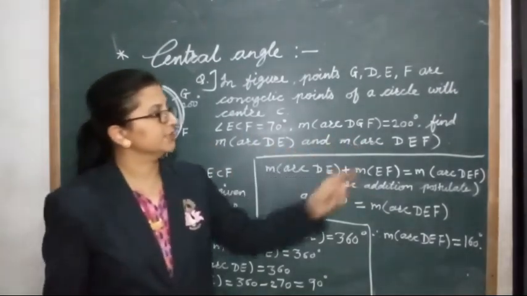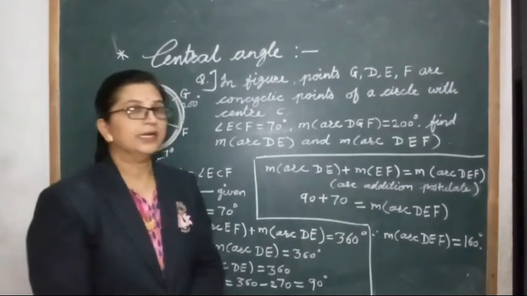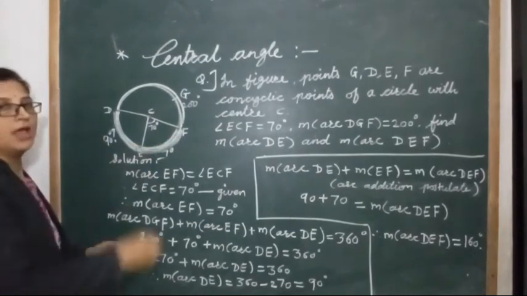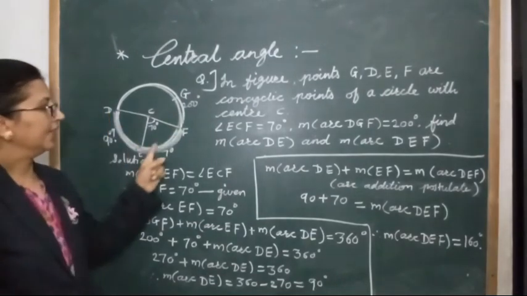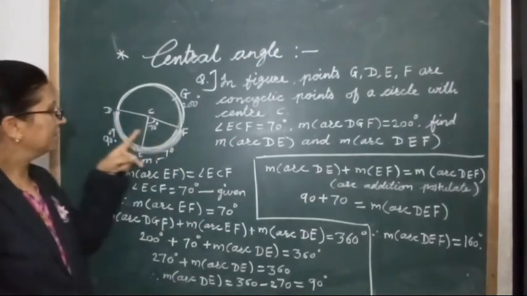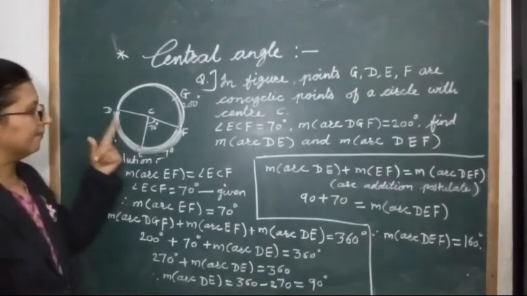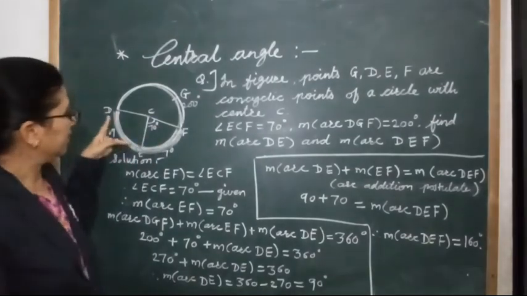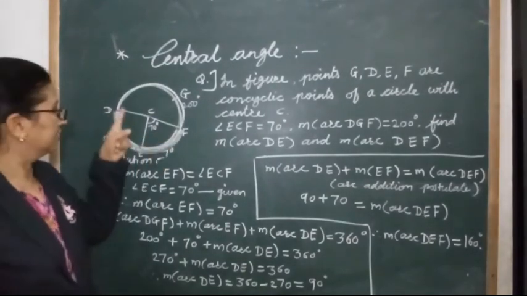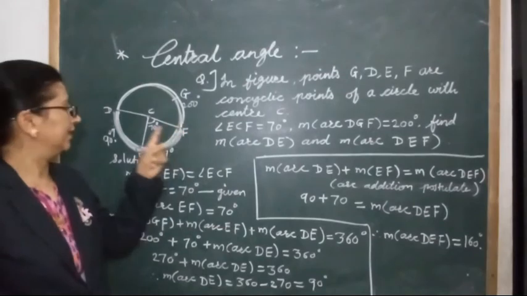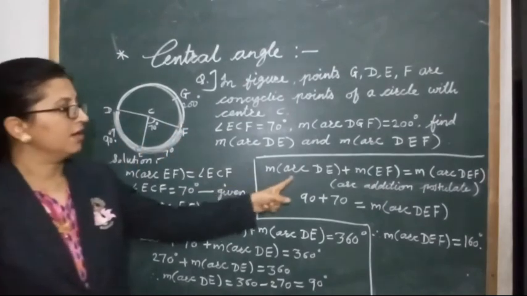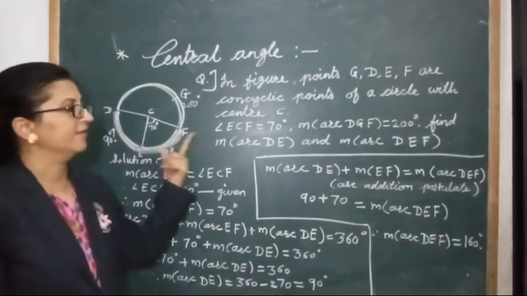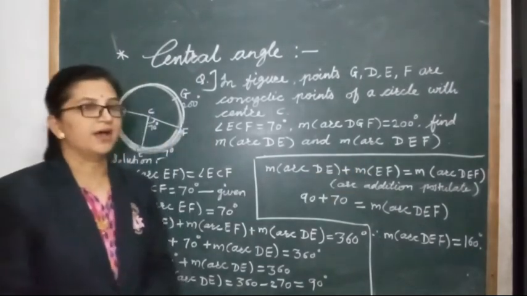Now our second question is the measure of arc DEF. DEF means this. Now here arc DEF is nothing but the measure of arc DE plus the measure of arc EF. The sum of these two arcs will give us the whole arc, that is DEF. So here the measure of arc DE plus the measure of arc EF is equal to the measure of arc DEF.